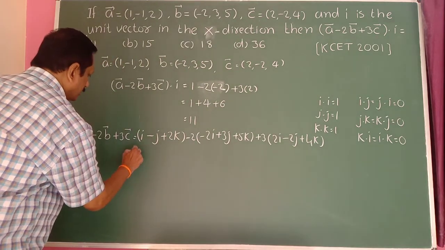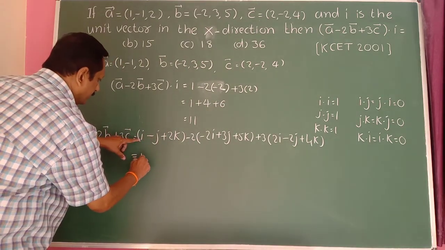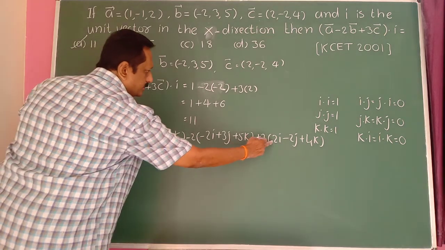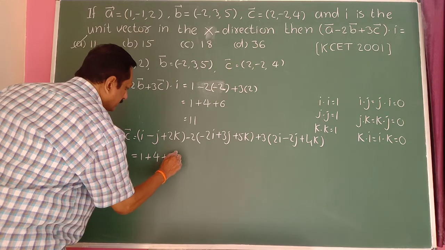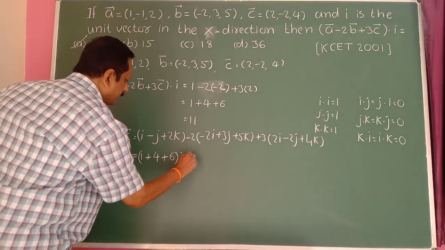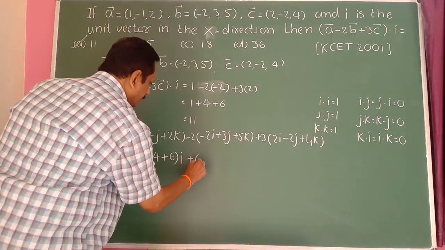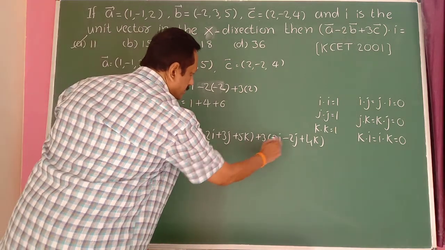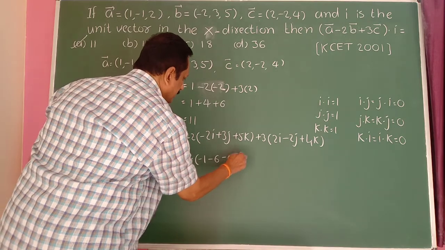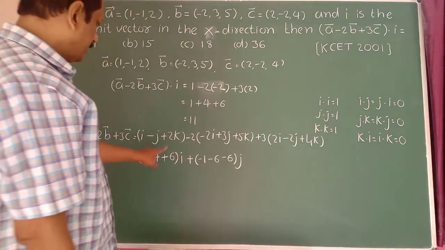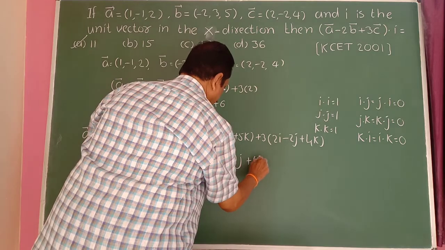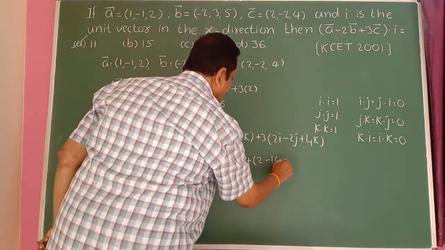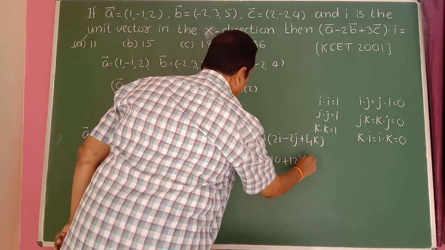Therefore, take the i coefficient: 1, 2 twos are 4, minus 4, and 3 twos are 6, plus 6, into i. Then minus 1, 3 twos are 6, minus 6, minus 6, into j. Then plus 2, 2 fives are 10, minus 10, 3 fours are 12, plus 12, into k.